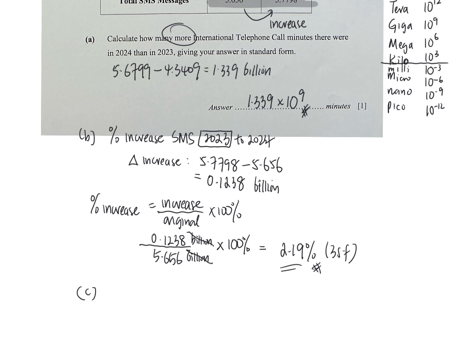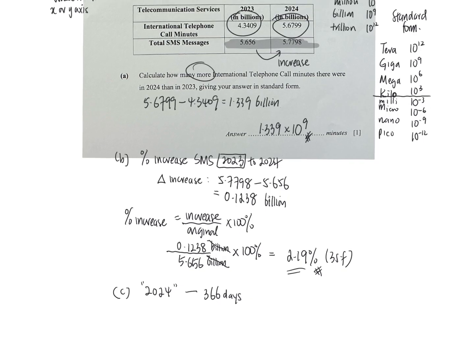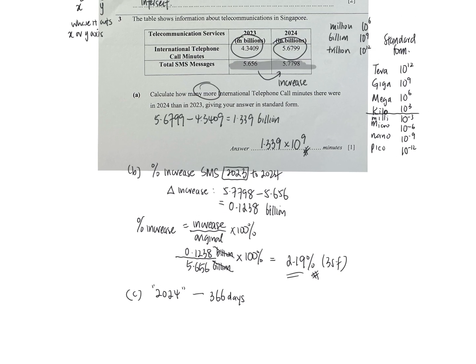Okay, part C says that 2024 is a leap year. When it's a leap year, there's an extra day, so you have 366 days. They say, can you find the mean number of SMS per person per day? In 2024, this is my number of SMSs that was sent, but it's in billions, so times 10 to the power of 9.